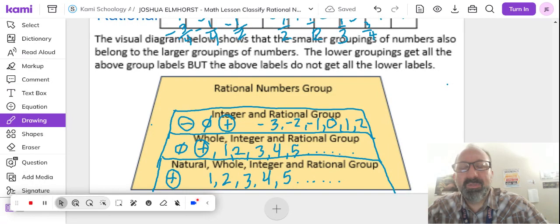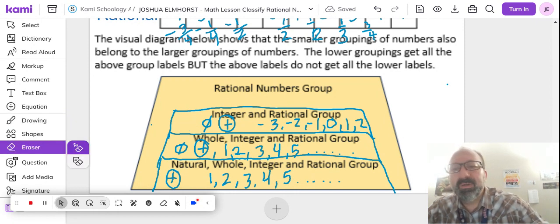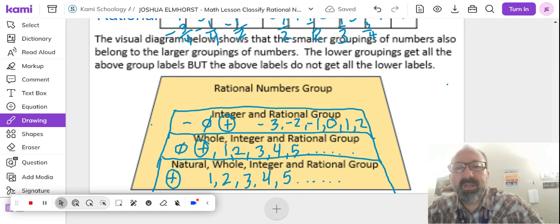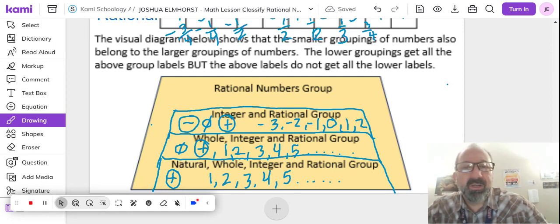And then we go up to the next group, integers. And integers is going to include all the subsets down below, but now it is going to include negatives. So -3, -2, -1, for example.